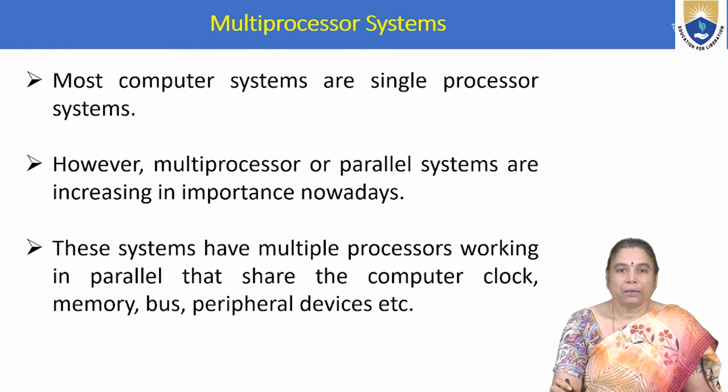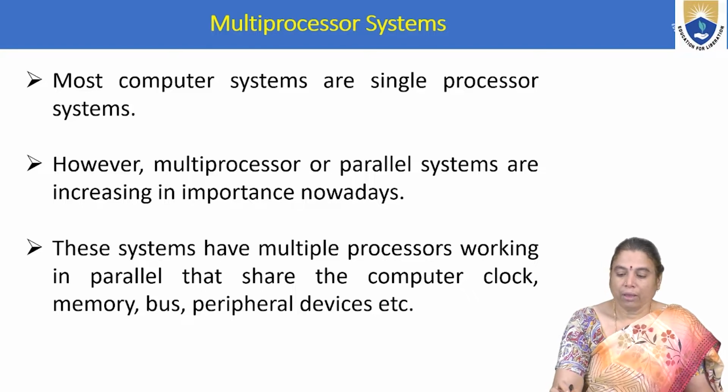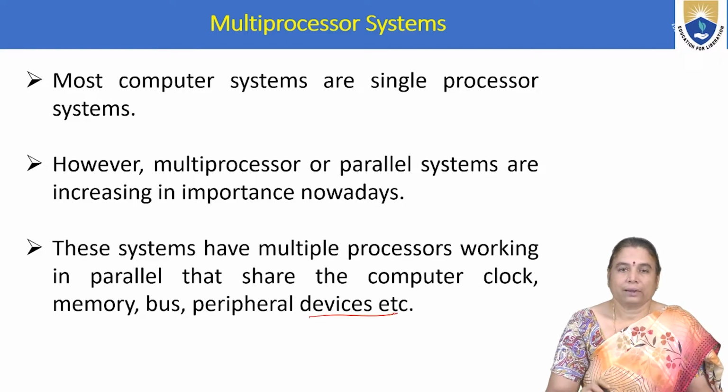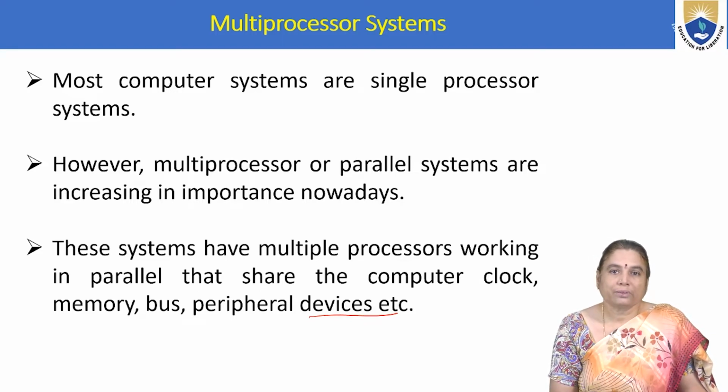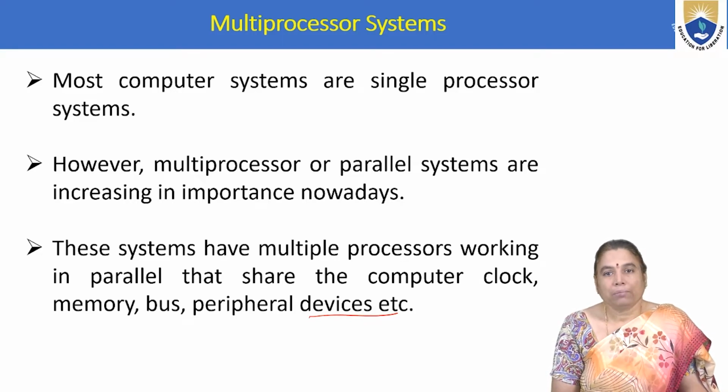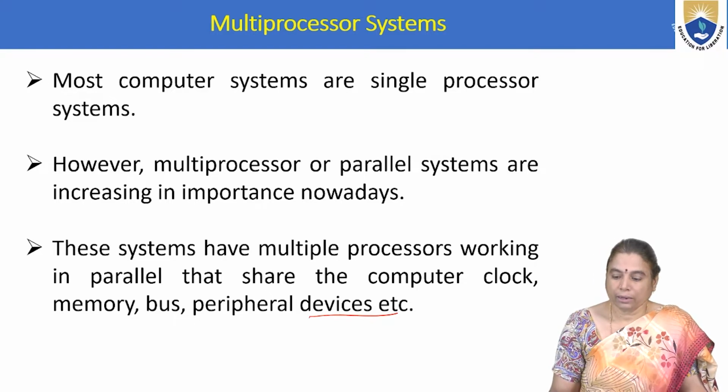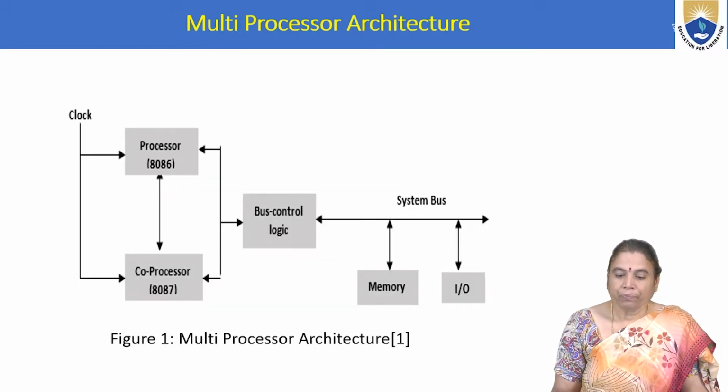These multiprocessor systems work in parallel to share the computer clock, memory, bus, peripherals, etc. The processors can be linked together to share the common resources of clock, memory, bus, and peripheral devices, but they communicate with the help of message passing or the shared memory technique. Here is the general architecture of the multiprocessor.